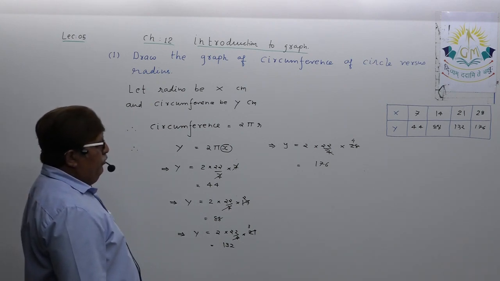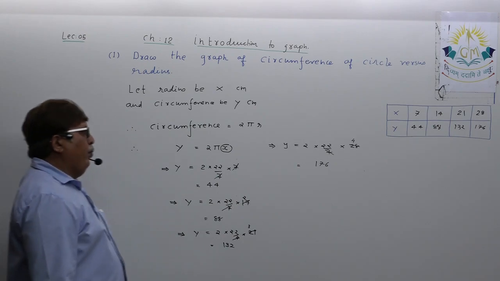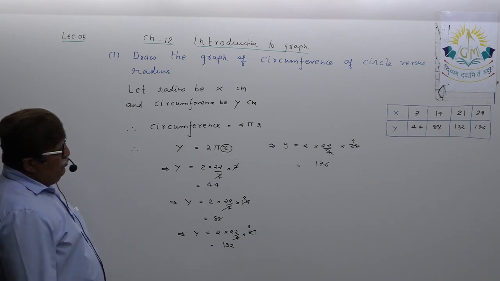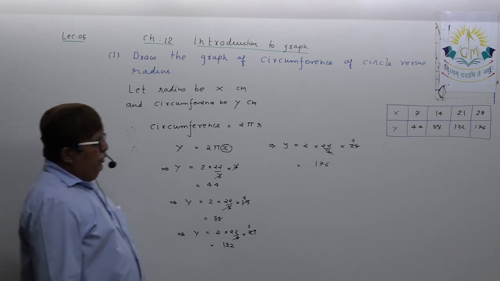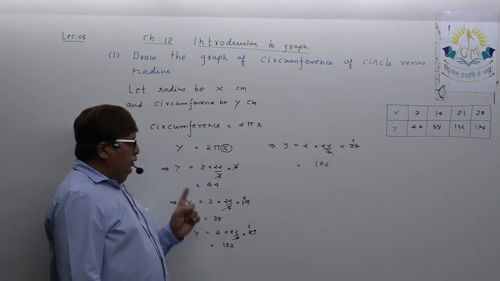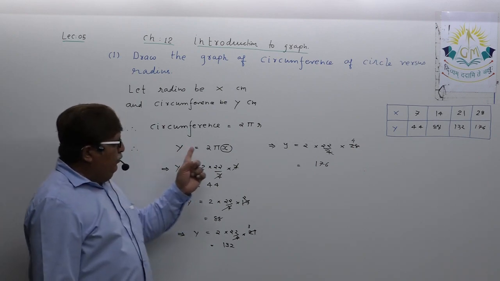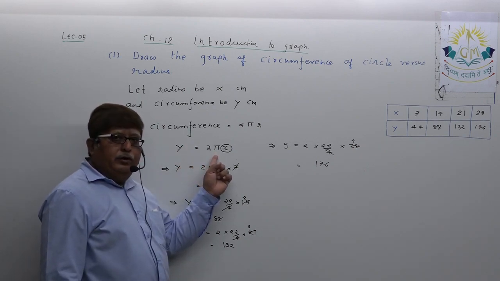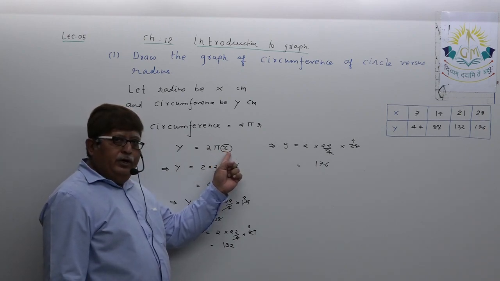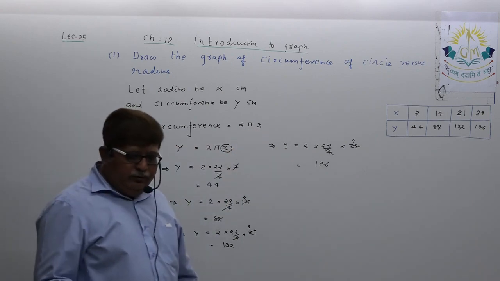Okay, just verify it. So dear student, you must have understood how we got this particular equation, how we took the value of x, radius, and we got the observation table.